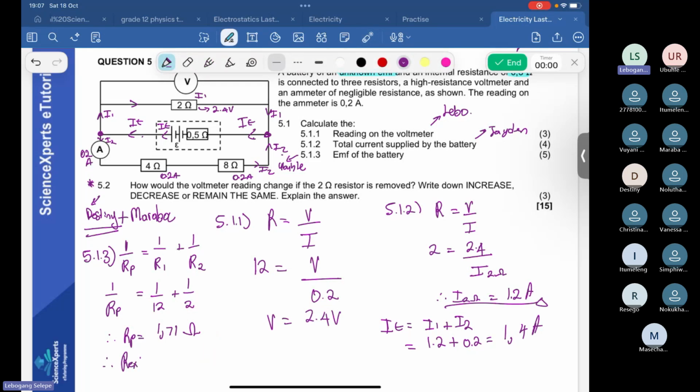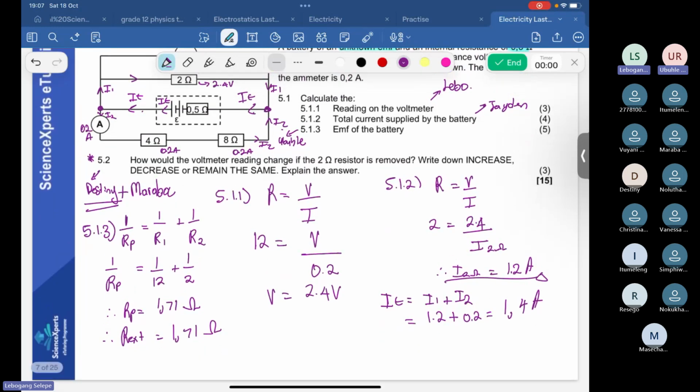Yes, sir. And then I went into my EMF formula, and I plugged in the values, the total current that was calculated first, which was 1.4, and then I multiplied it with my R external, which is 1.71, plus my internal resistance, which is 0.5, and I got an EMF of 3.09.